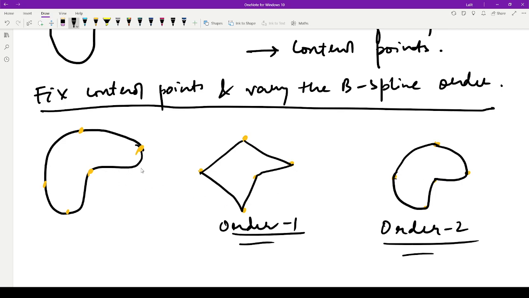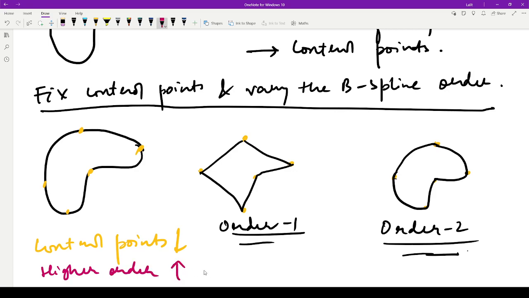At a given point, the curvature might be high or low. But if you want to account for it properly, you want higher orders. So if you keep the number of control points low, then you will need higher order for these planes.